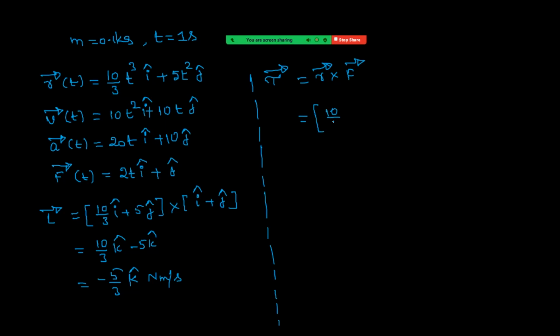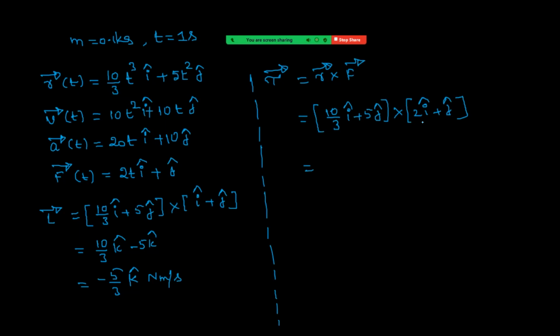It is 10 by 3 I cap plus 5 j cap, cross F bar when t equal to 1, 2 I cap plus j cap.